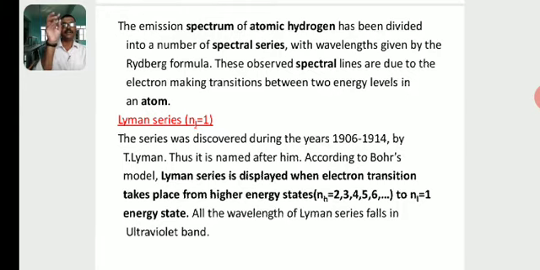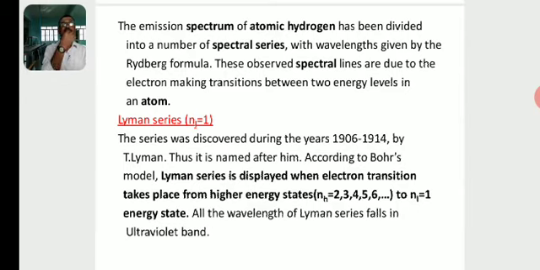This formula can be used to determine the energy or the wavelength of the photons emitted during the transition of electrons from the higher energy orbit to the lower energy orbit. These observed spectral lines are due to the electron making transitions between two energy levels in an atom.